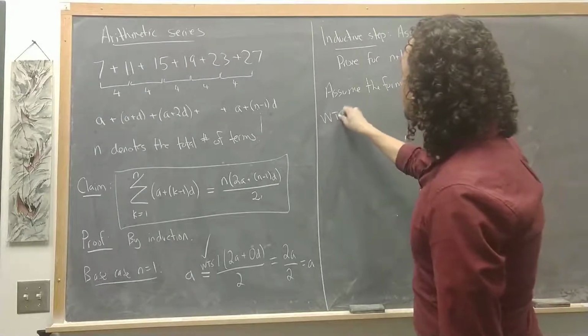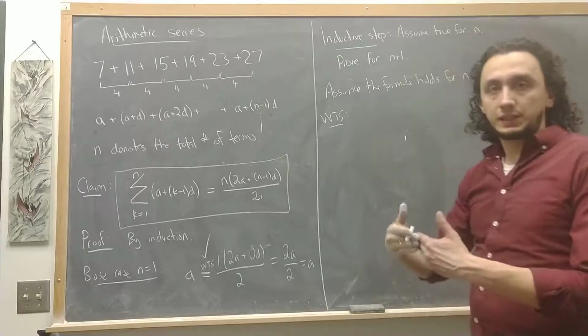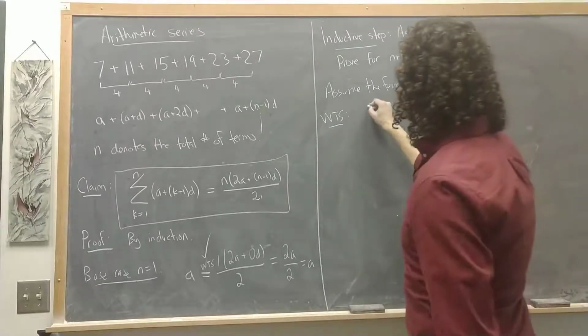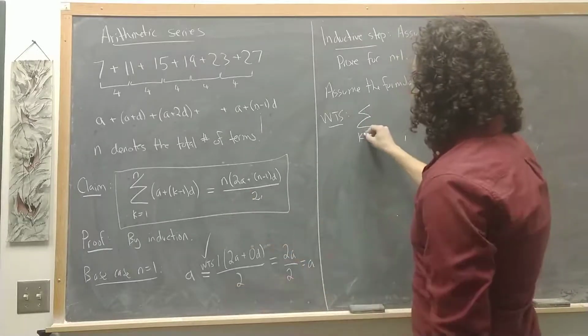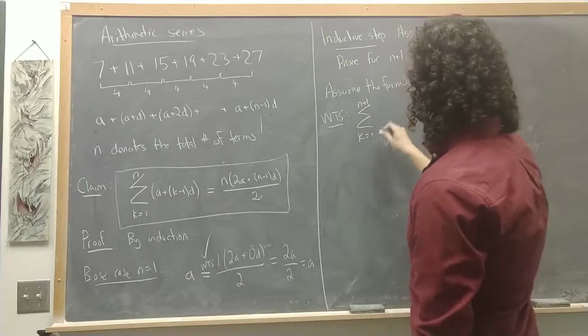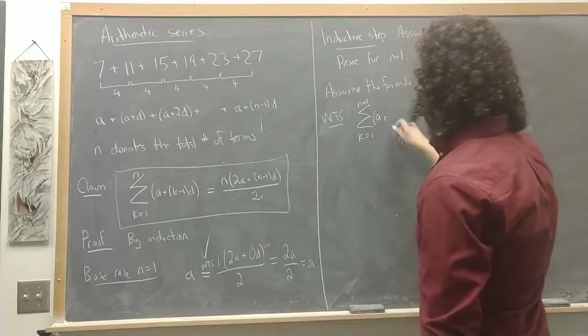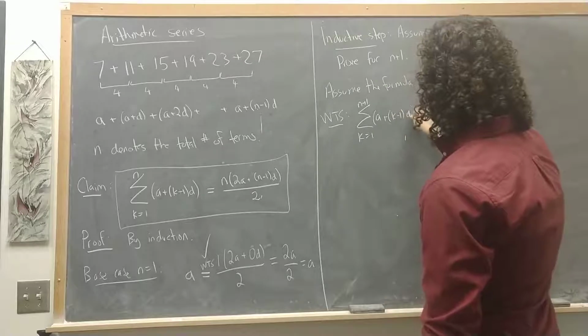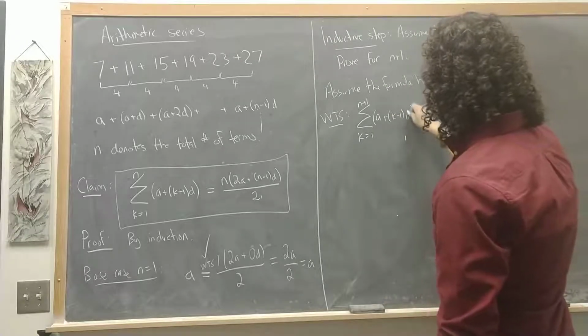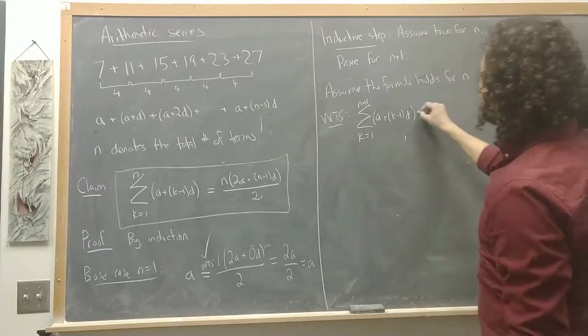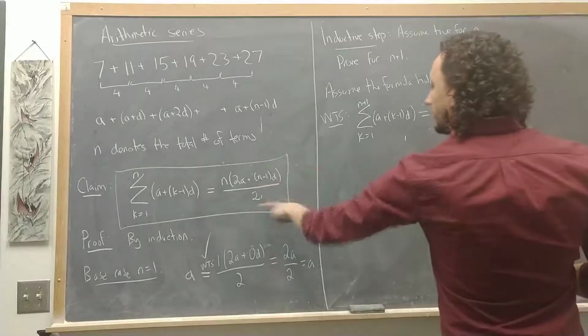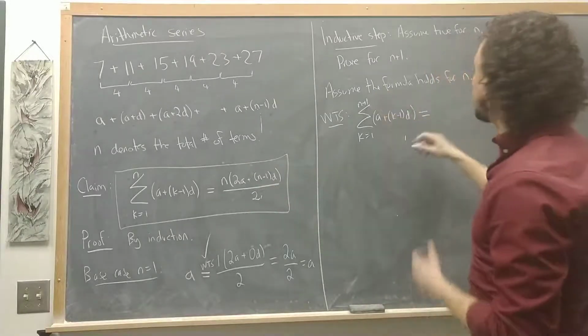So now what we want to consider is, what about a sum with n plus 1 terms? That would look like the sum from k equals 1 to n plus 1 of a plus (k minus 1)d. What we want to show is that this must be equal to the corresponding formula, but now with n plus 1 in place of n.